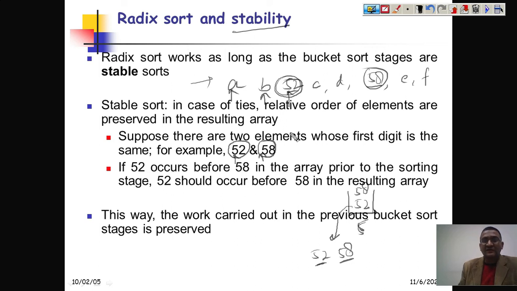So stability means when we have two elements with the same digit, their positions are maintained. To summarize, radix sort and bucket sort are both stable sort algorithms. They maintain the relative positions of the numbers which are to be sorted.